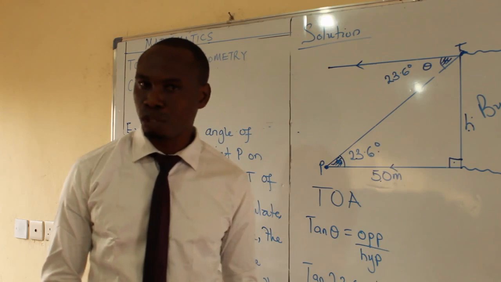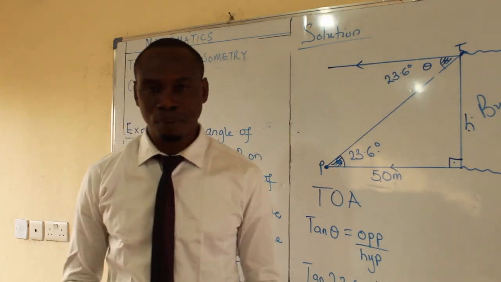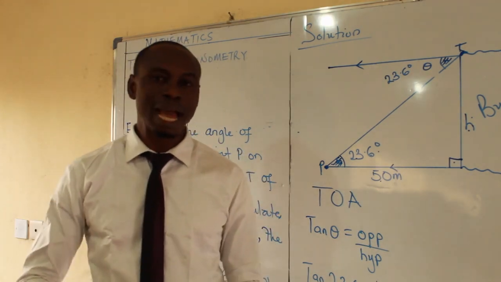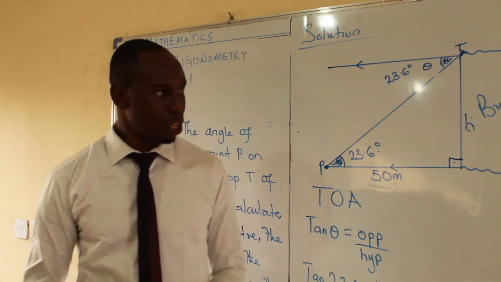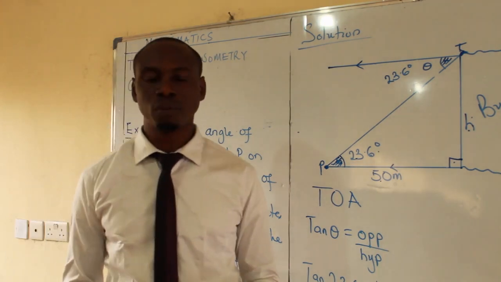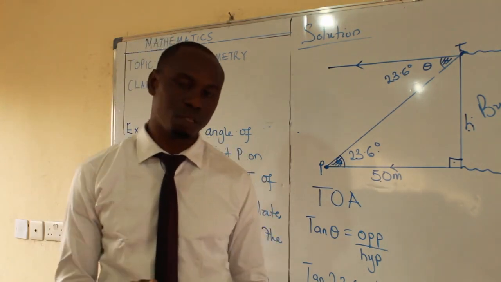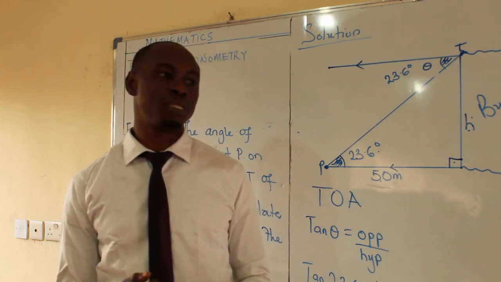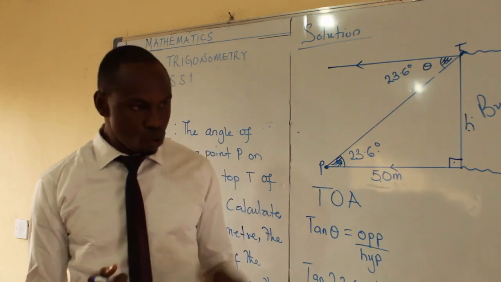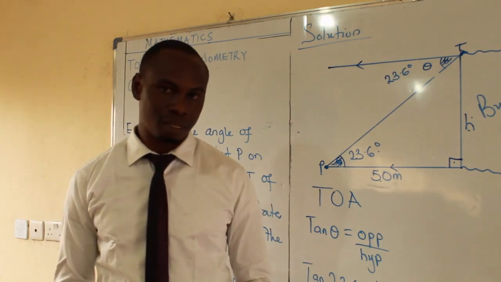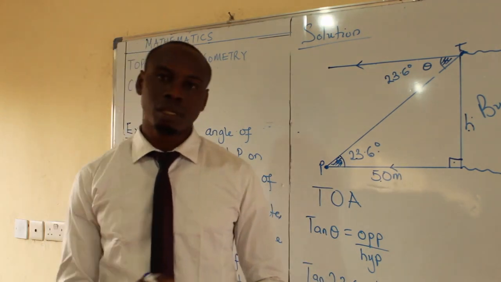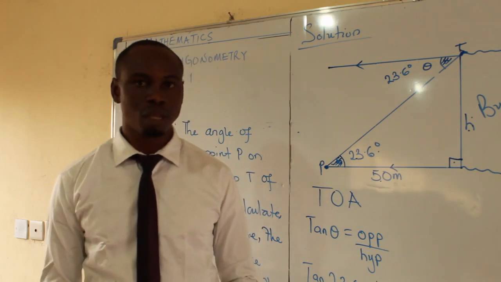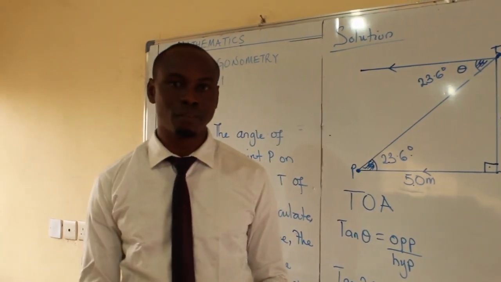We don't necessarily need to use a tape to look for the height of the mast. If you can use a clinometer to know the angle of elevation of the top of the mast, and know the distance from you to the foot of the mast, you can as well use the trigonometric function to find the height of the mast.